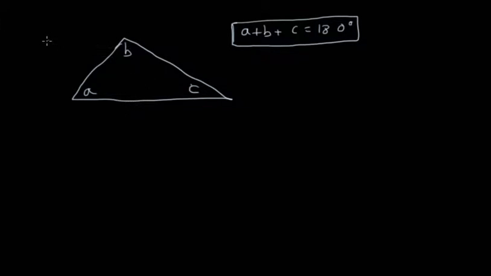Now let's just think about drawing a line up here. We'll draw that a bit better because we want it to just touch this vertex, the vertex here of B. Now this line and this line are parallel.